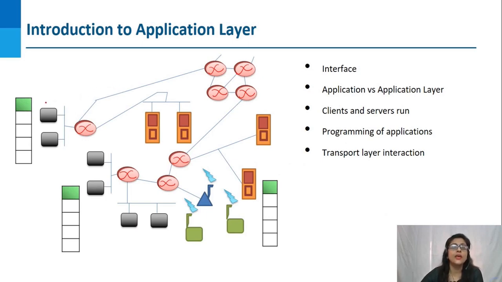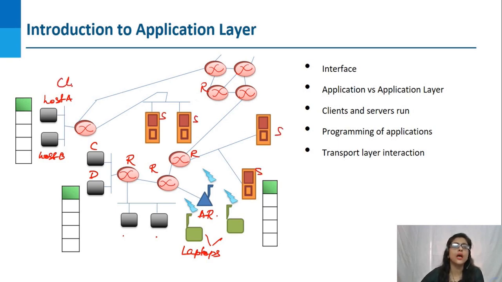You can see here there are various hosts like host A, host B, C, D, like that. These are the standalone machines, and we can even have laptops over here. So these are the laptops, and this is the access router. These are all the wired routers, and these are the servers.